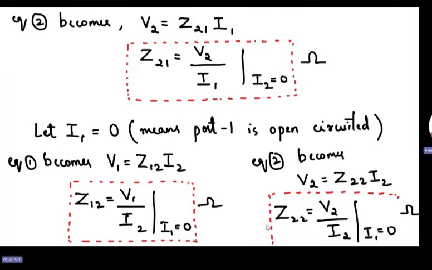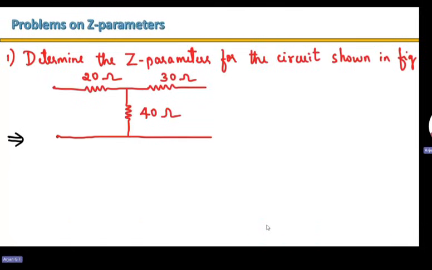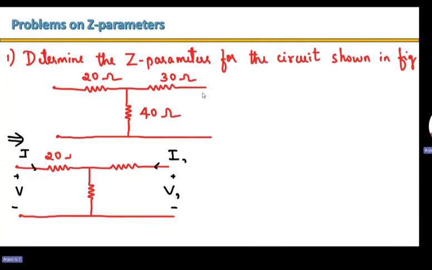Okay, let's solve the problem. Here we have to determine the Z parameters. First, they give the circuit. For this circuit, we write the two-port variables, that is V1, I1, V2 and I2.